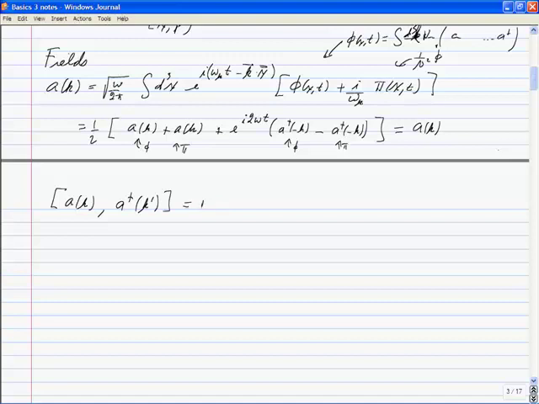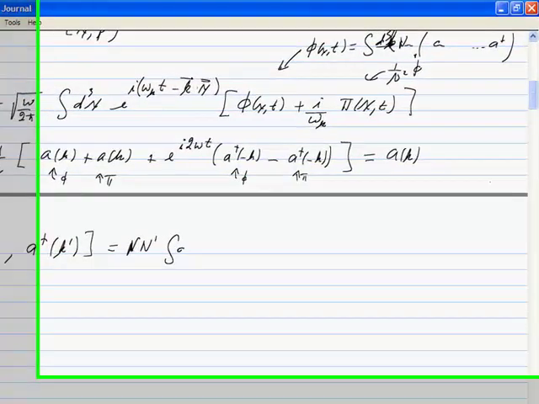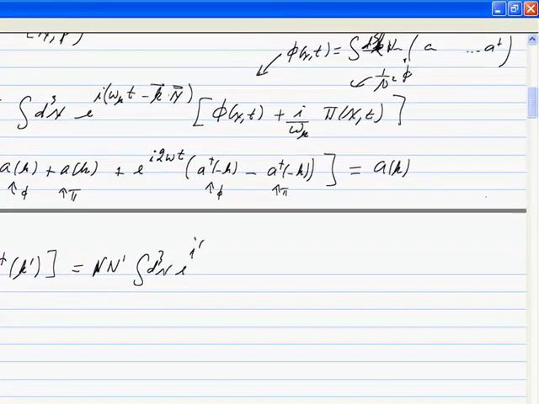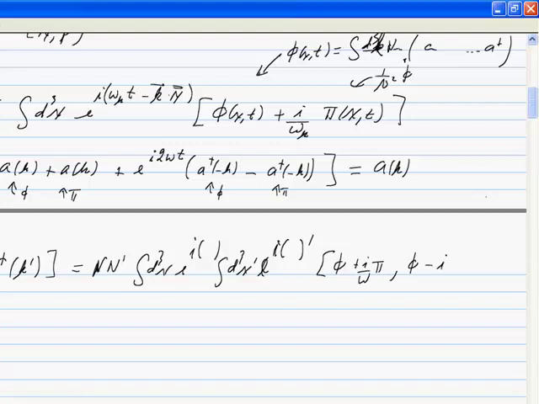So there's normalization factors, then this is n and n prime, integral d3x, e to the I stuff, integral d3x prime, e to the I stuff prime. And I end up then with terms that look like phi plus I omega pi commuted with phi minus I omega pi. Okay, this guy's prime, that's x prime.